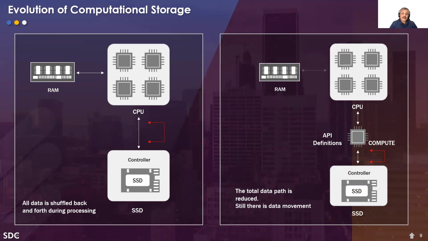So now the CPU only makes API calls to the compute, and the compute does all the pre-processing and processing. That's fetching data from the storage, processing it and moving it back, and only the result set is forwarded onto the CPU.